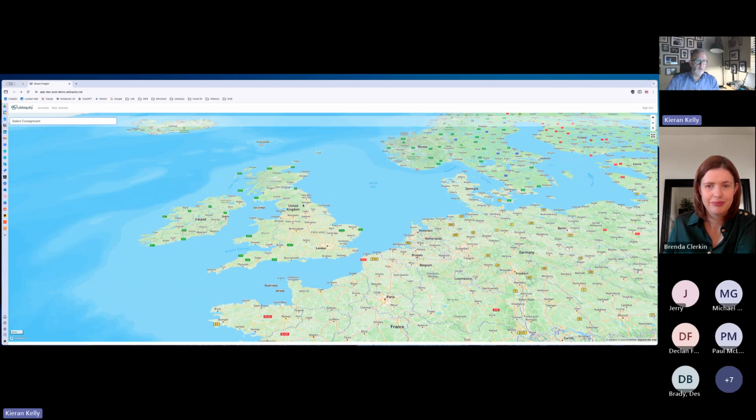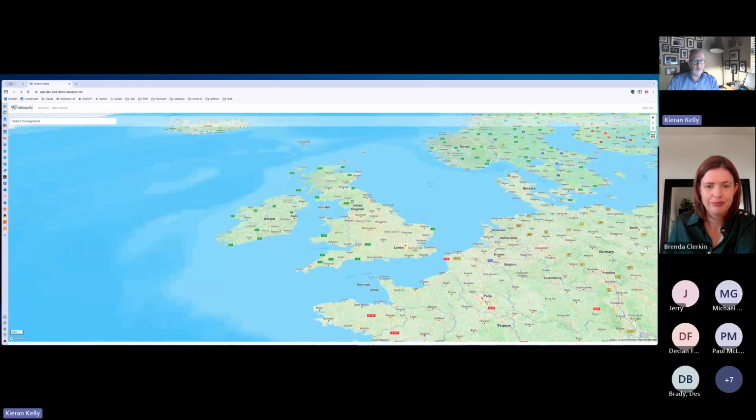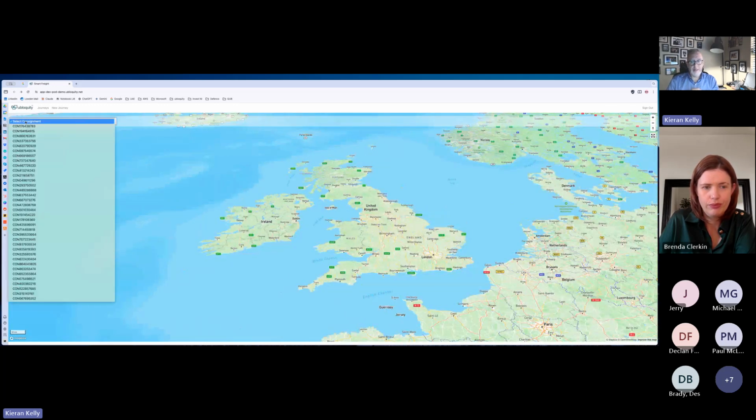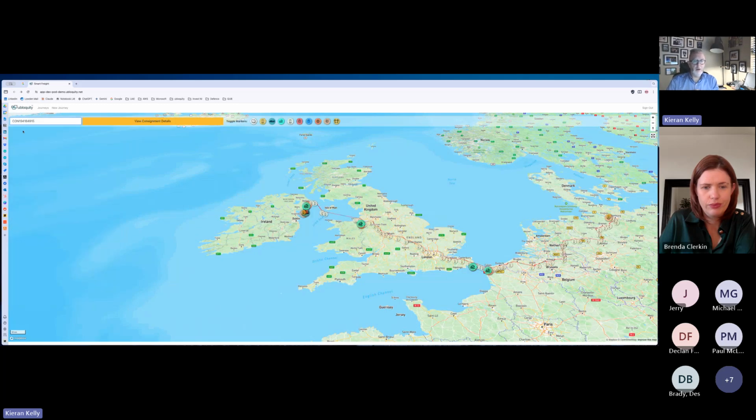As I say, the problem we addressed was how do we move goods from Belfast to the EU and the EU back through the land bridge into Northern Ireland. By creating this connected community, we're going to look at a consignment of aircraft seats. This is synthetic data, it's not real.